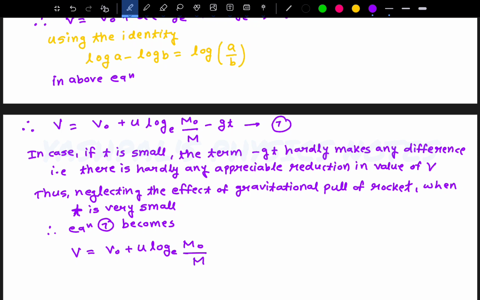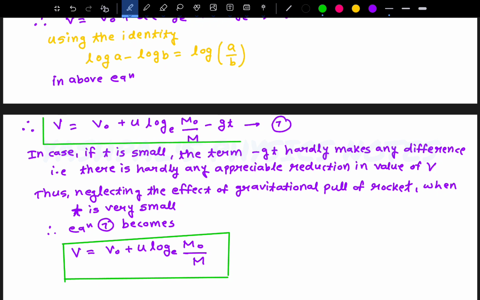And this is our final equation. In the exam, if you write till here also, it will be okay. If you haven't considered the special case, you can still get full marks for the equation.